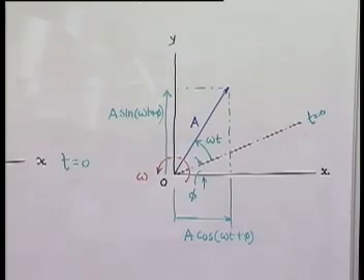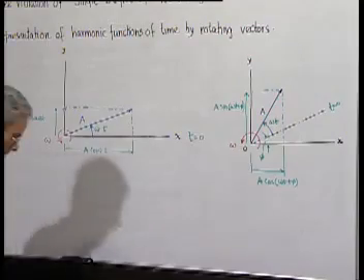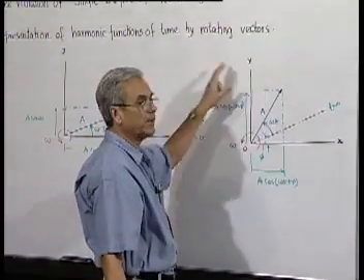So the general representation of a harmonic function of time can be done by taking the projections of a rotating vector.